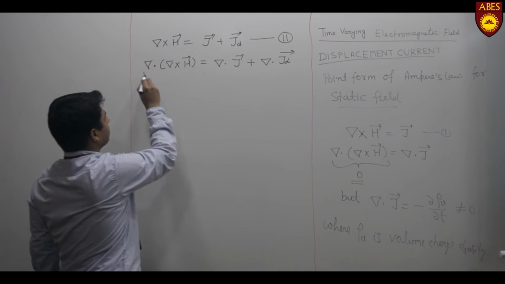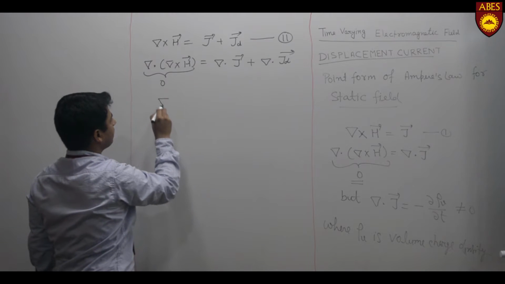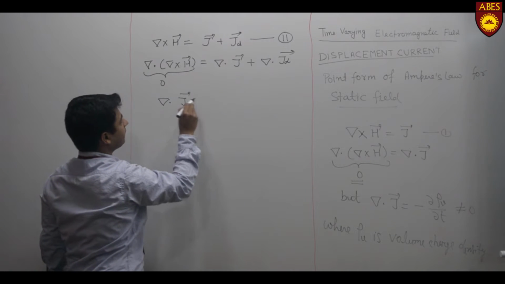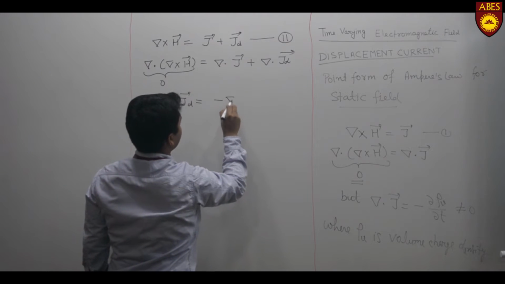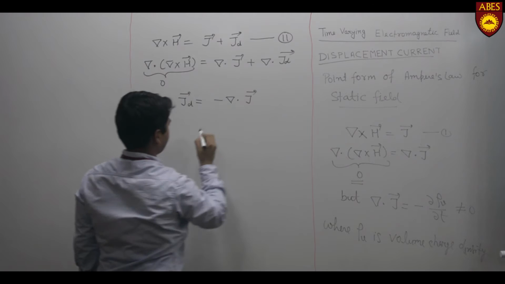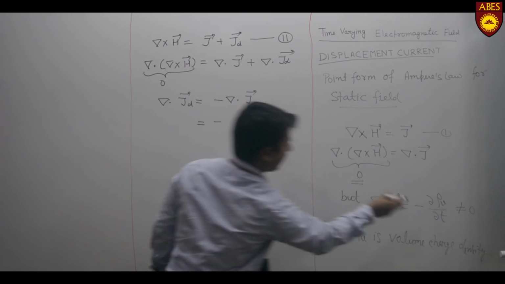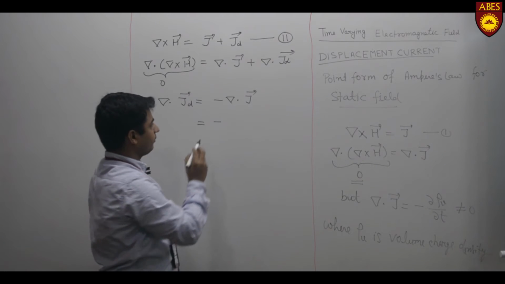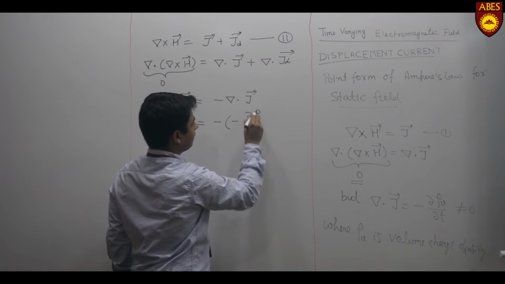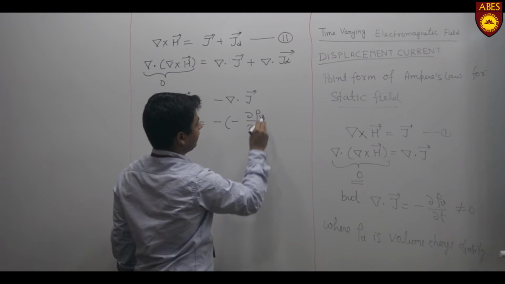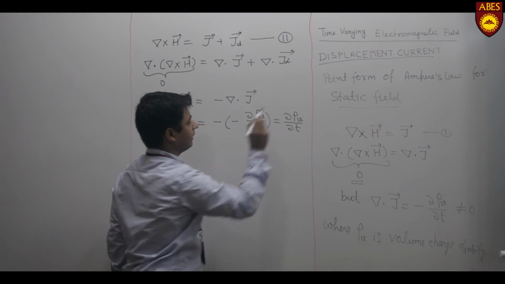Now we know that the divergence of curl of any vector is 0. It means divergence of JD is equal to minus divergence of J. But divergence of J is equal to minus del rho v by del t. It means divergence of JD will be equal to del rho v over del t.